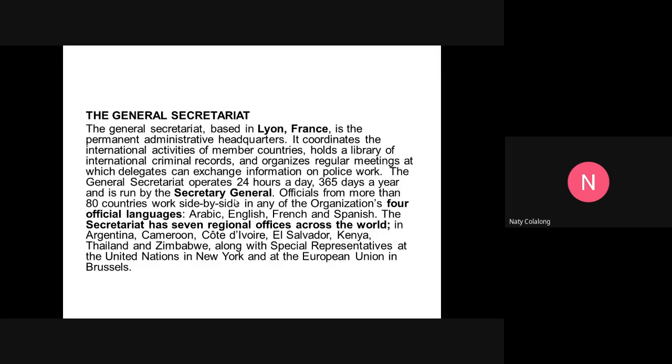The Secretariat has 7 regional offices across the world: in Argentina, Cameroon, Cote d'Ivoire, El Salvador, Kenya, Thailand, and Zimbabwe, along with special representatives at the United Nations in New York and at the European Union in Brussels.